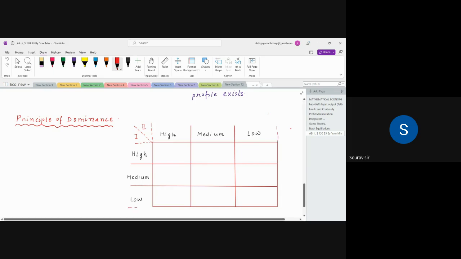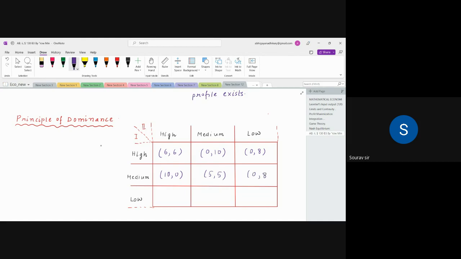This is not a zero sum game. The payoffs are 6, 6; 0, 10; 0, 8; 10, 0; 5, 5; 0, 8; 8, 0; 8, 0; 4, 4.